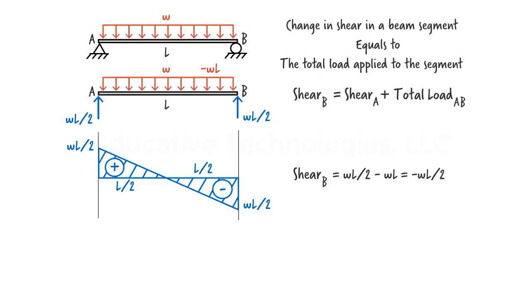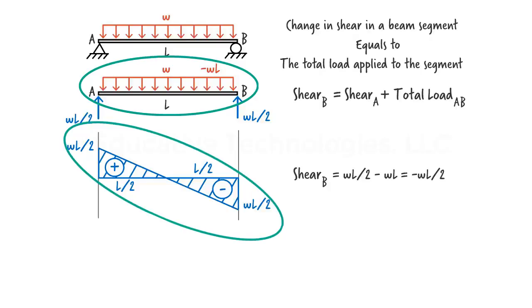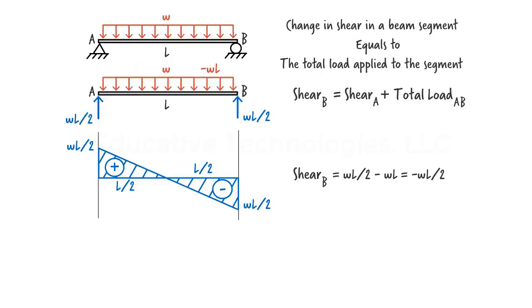Concerning the shape of the diagram, the underlying rule is this: if we view the load diagram and the shear diagram as polynomials, then the degree of the shear polynomial is one higher than that of the load polynomial. Since the degree of the load polynomial in this example is 0, the load is constant, then the shear polynomial has a degree of 1. Shear varies linearly in the beam.